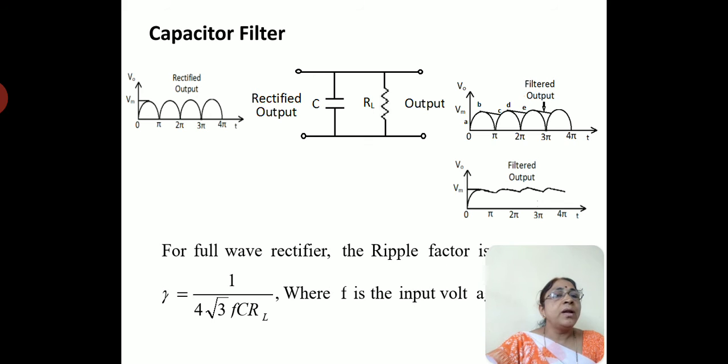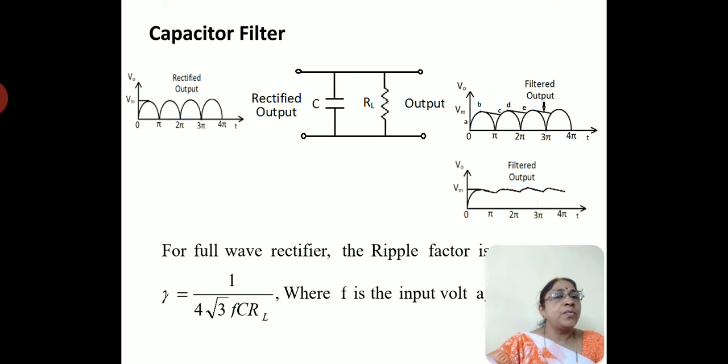Before it reaches complete discharge, the next wave comes from the rectified output. Due to that, the capacitor, instead of discharging, starts charging again, and then it discharges when the voltage goes from Vm to 0.